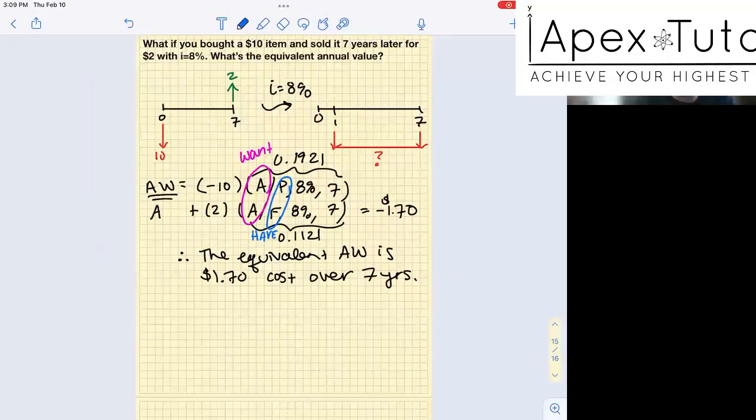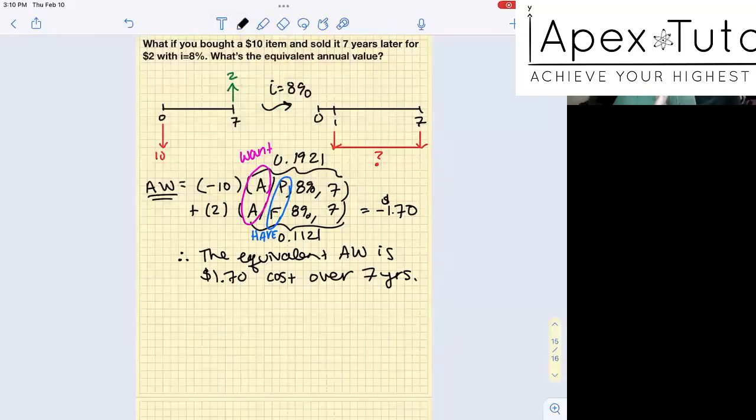So the calculations, -1.70, was just 2 multiplied by 0.1121, minus 10 times 0.1921. Yeah, this is all one line of work. I just wrote too big. It's all one equation.